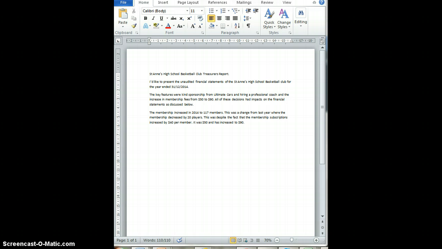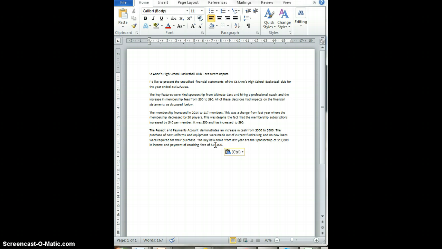Next part is to comment on the receipts and payments. Really we're looking at majorly the cash position and the change from last year. So we've put, it's demonstrated an increase in cash from $300 to $500. And then what I look for is particularly any purchase of non-current assets or any movement in non-current liabilities like debentures and loans.